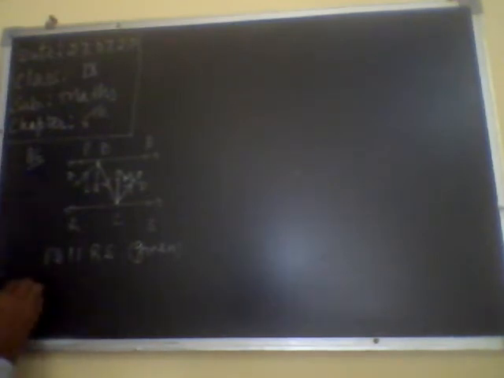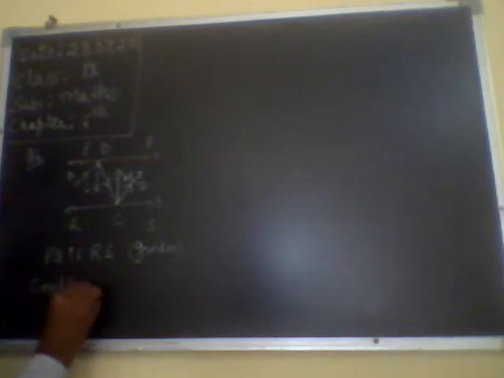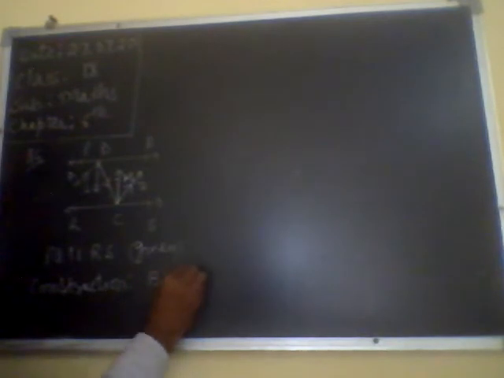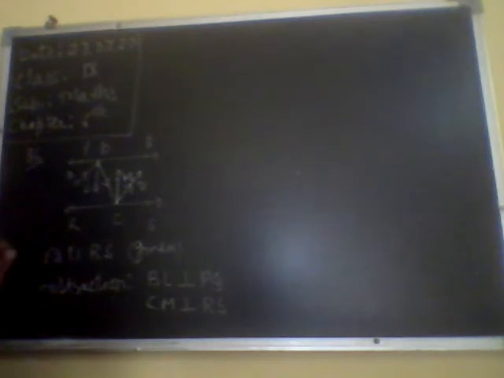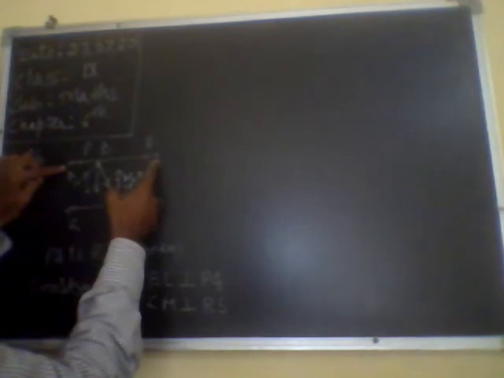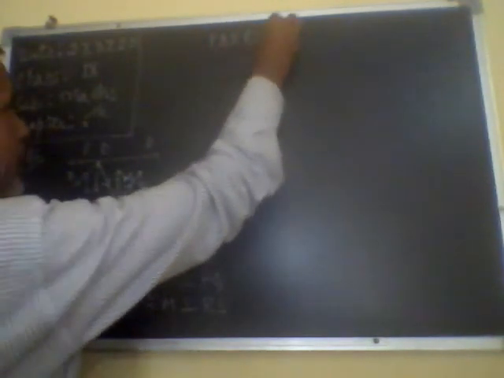So in the construction, BL is perpendicular to PQ and CM is perpendicular to RS. Now BL and CM are perpendicular on parallel lines. That's why these two are also parallel. PQ parallel to RS, it is given.